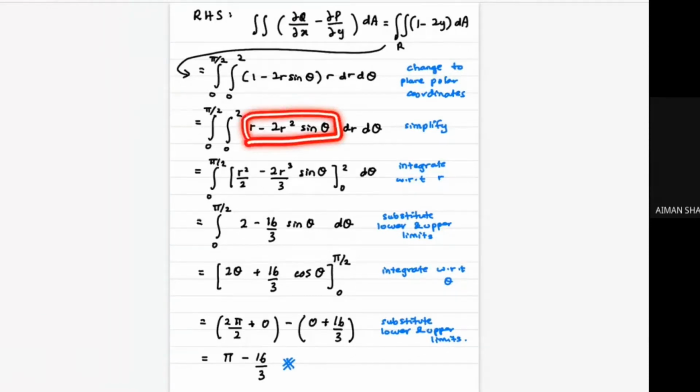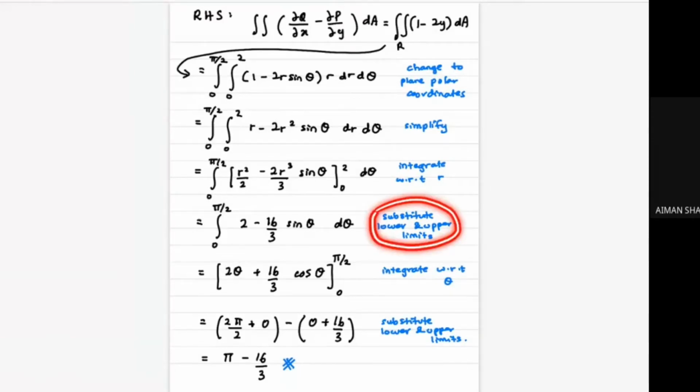Okay, so first you want to integrate with respect to r. Integrate this with respect to r. So r, you get r squared over 2. 2r squared, you get 2r to the power of 3 over 3. Next you have to substitute the lower and upper limit for r. Substitute correctly.